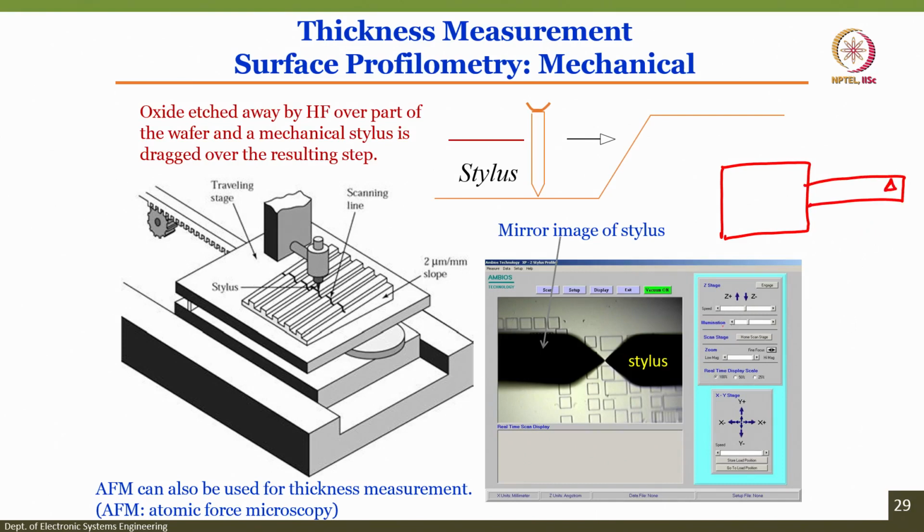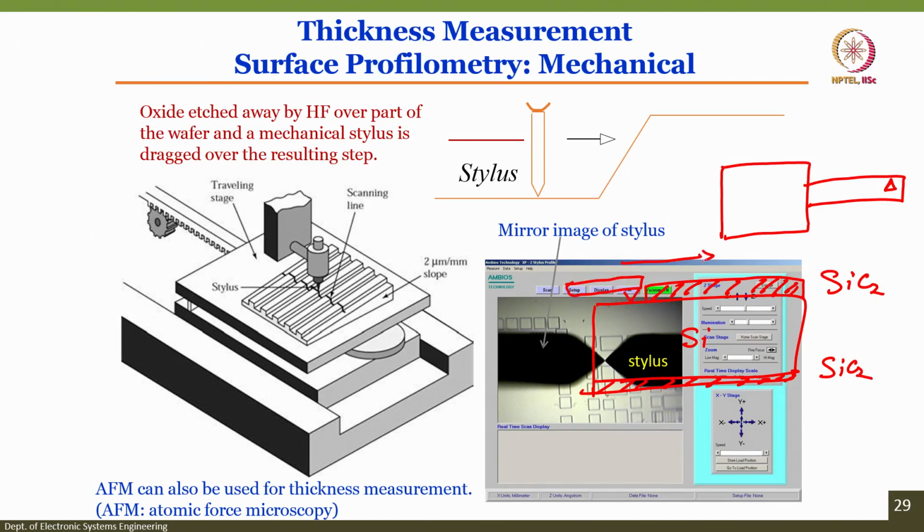Now, if I have silicon dioxide, and then I have a cantilever that moves in this direction, there is a light that falls on the cantilever, and there is a reflection that goes to the photodetector.